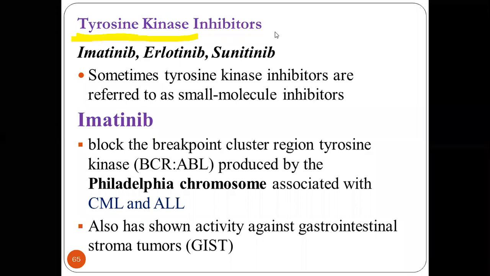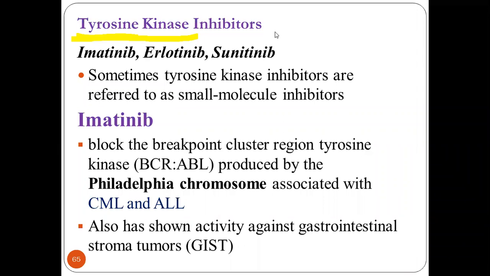Now let's see about tyrosine kinase inhibitors. By the way, this class of drugs was discovered recently, not more than 20 years ago. If you are interested, you can go and check when the first tyrosine kinase enzyme inhibitor was discovered. It is actually one of the newer anti-cancer drugs available in the market. They inhibit the tyrosine kinase enzyme.